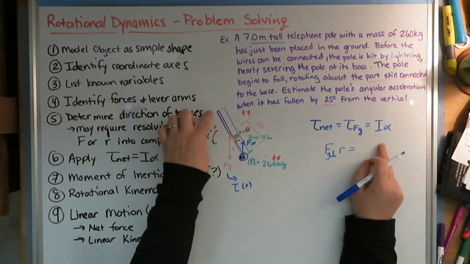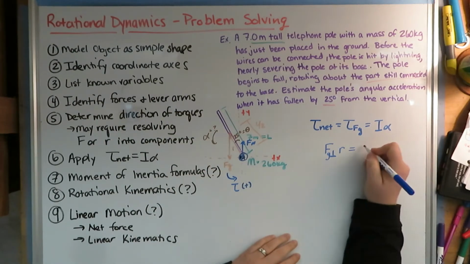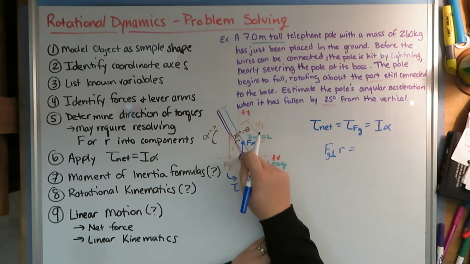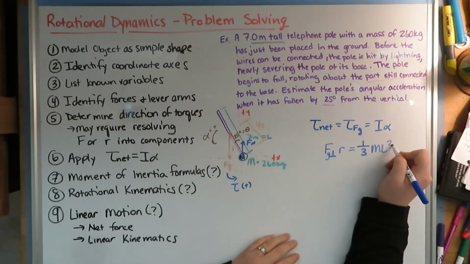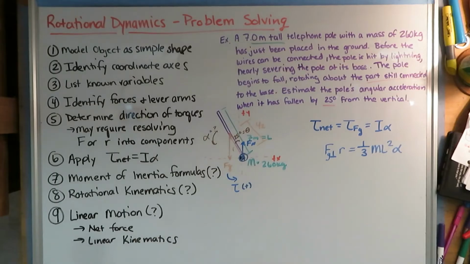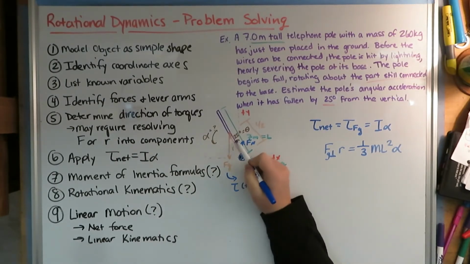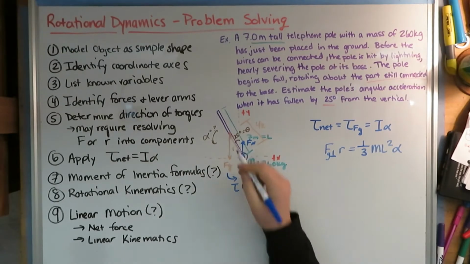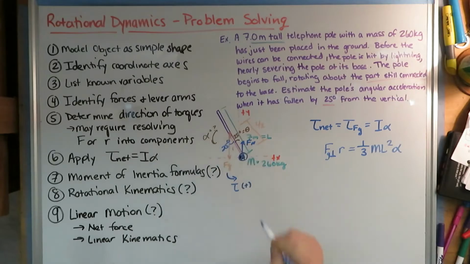Well, if I'm going to assume this is a long, thin rod, then the moment of inertia of a long, thin rod about that end point is going to be one third mL squared. What about this perpendicular component of gravity? Well, I know that this theta right here is 25 degrees, which means that this theta right here is also 25 degrees.